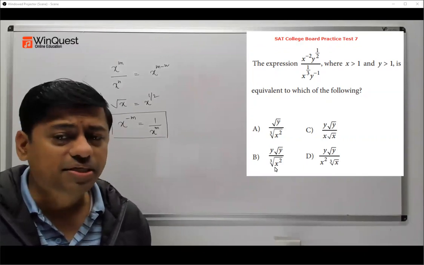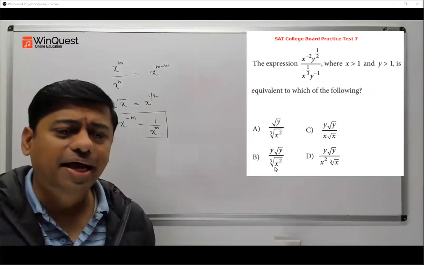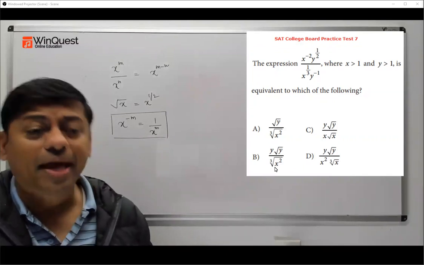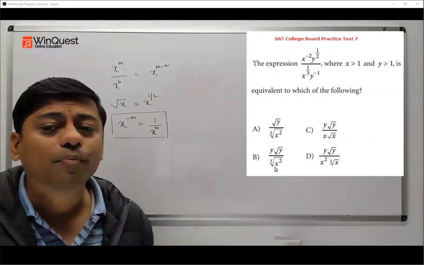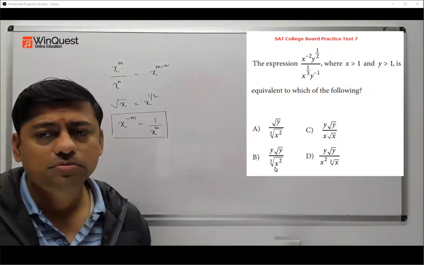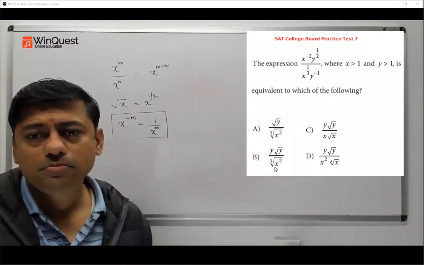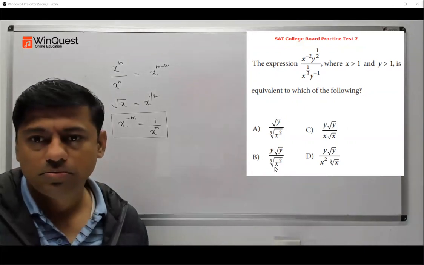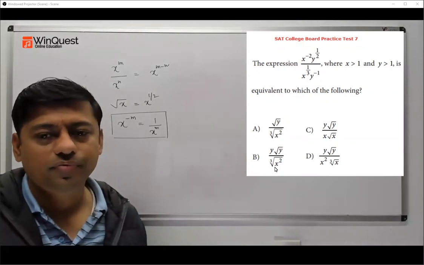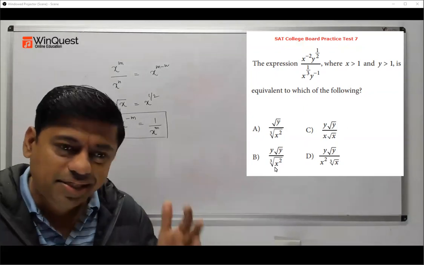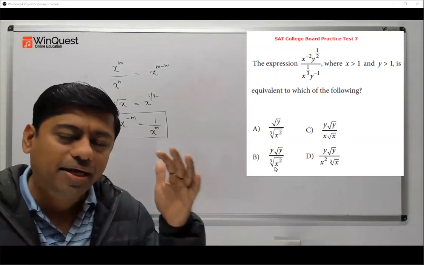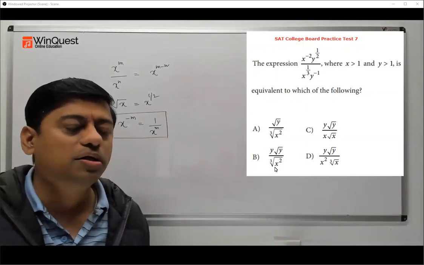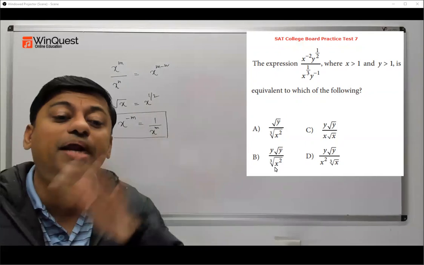Now in the option section A, B, C, D, do you see that they are represented in radical form, unlike the problem which is in exponent form? Yes. That is a breakthrough. So what I am going to do is, when I observed A, B, C, D, I see that all the numerators have the radicals of y, and all the denominators have x components in radical form.